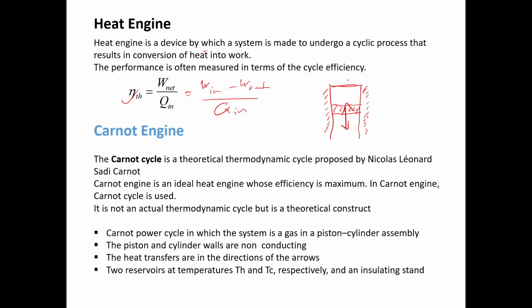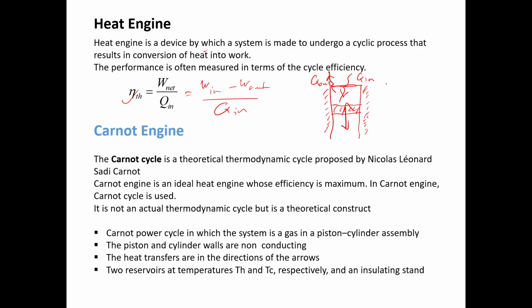And if we denote an arrow like this, Q in, this means heat enters the chamber. If it is like this, it means heat goes out from the chamber. That's what this means, right? And also we assume this works between two temperatures. We have a heat sink and a heat source.